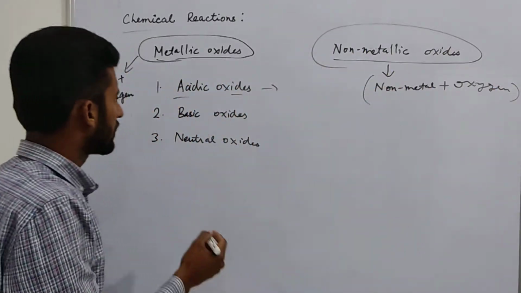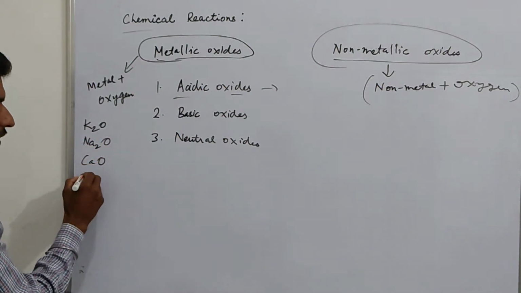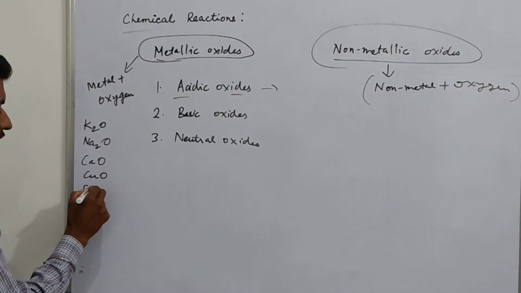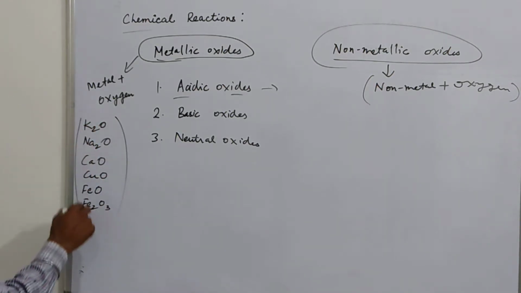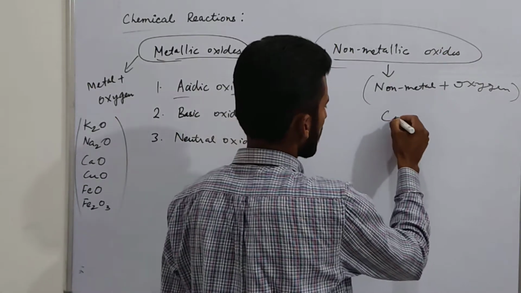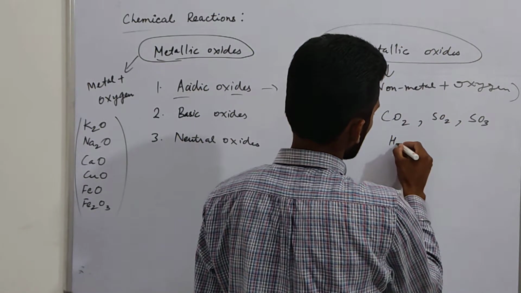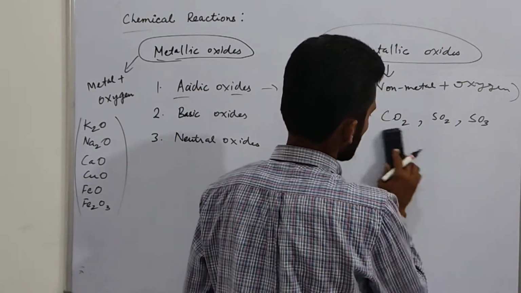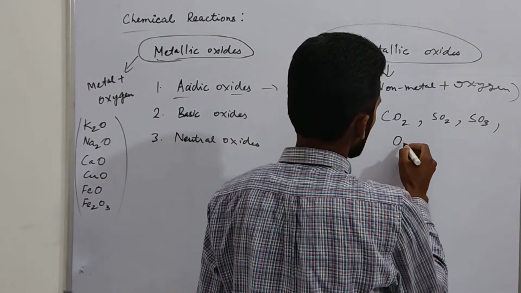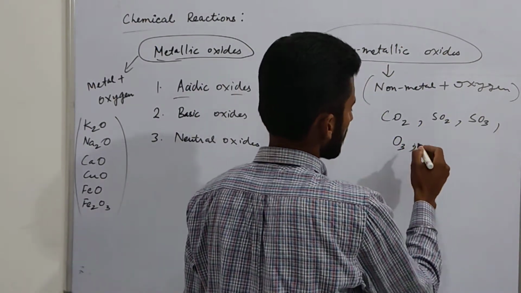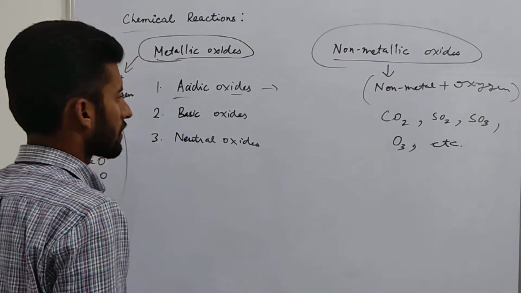Examples of metallic oxides are potassium oxide, sodium oxide, calcium oxide, copper oxide, iron oxide, iron 3 oxide, etc. For non-metallic oxides, we have carbon dioxide, sulfur trioxide, H2S, and ozone, that is also acidic.